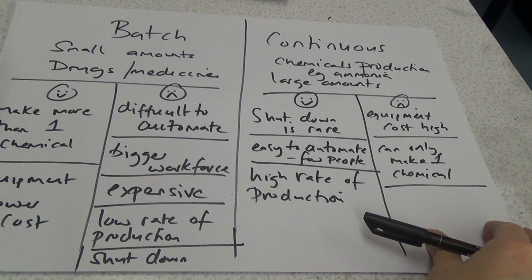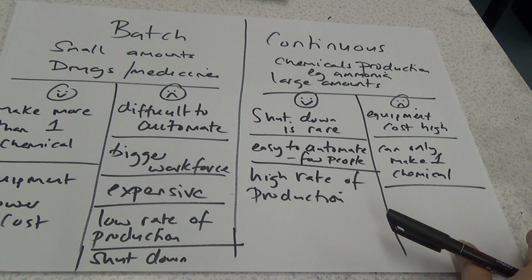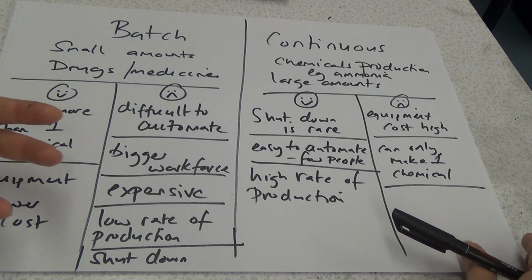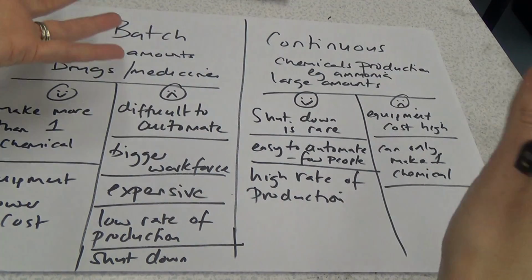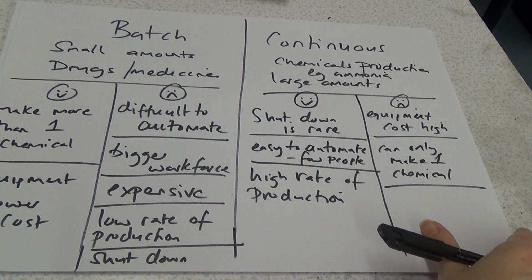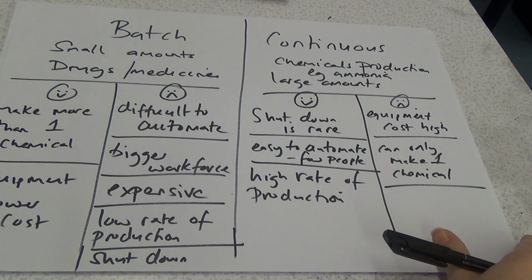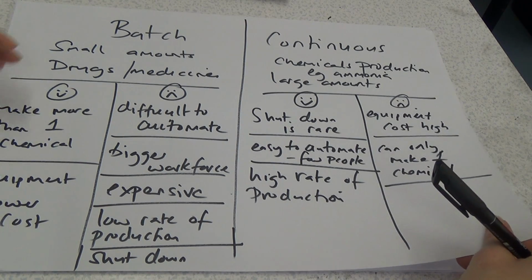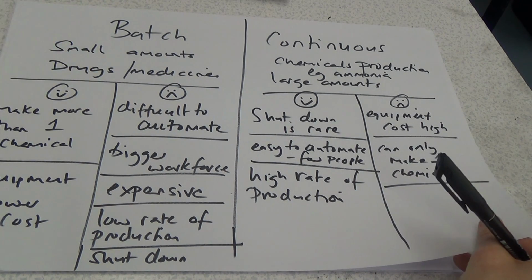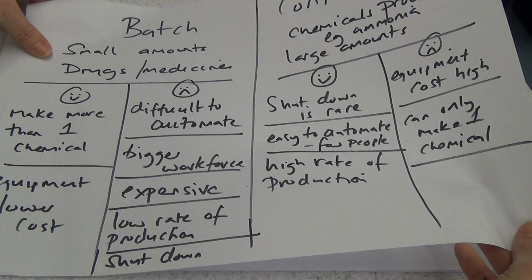So when it comes to batch and continuous, in terms of making things like pharmaceutical drugs and larger volumes like ammonia, there are definitely good things and bad things in both of them. Now, one thing that a lot of industry needs to do, in particular when it comes to pharmaceuticals, is extract chemicals.